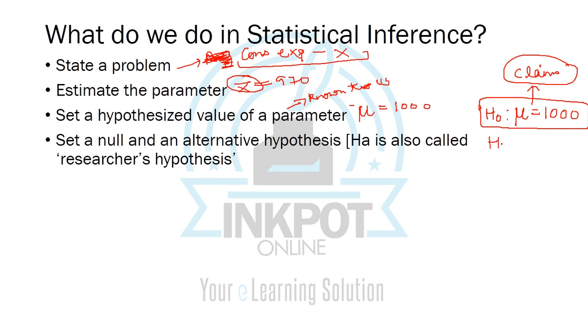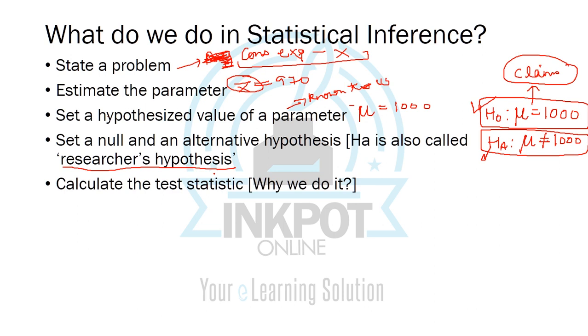And likewise we specify the alternate hypothesis, which is that it is not equal to 1000. Naturally, the alternative hypothesis is the one that we come to if we reject the null hypothesis. That's why the alternative hypothesis is also known as the researcher's hypothesis.